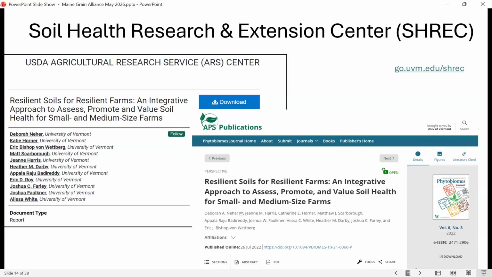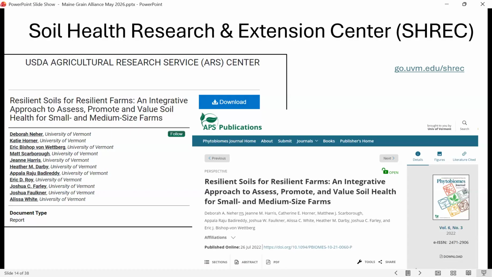Our goal, our focus, is really trying to serve farmers. During the pandemic in 2020, a group of us across the campus at the University of Vermont did an inventory of what the options are for soil health tests and how farmers responded to the different data they were receiving. What we learned is they felt there was a lot of data that was hard to interpret or wasn't necessarily reflecting how they were adjusting their management practices.